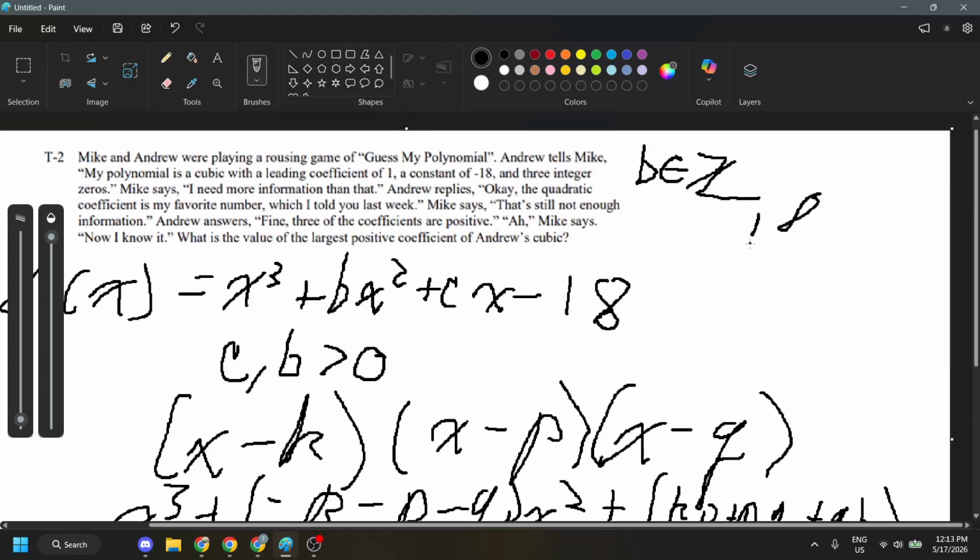So 18 can go into 1, 1, 18, 1, 2, 9, 1, 3, 6. Then if you further change it, you can get 2, 3, 3.